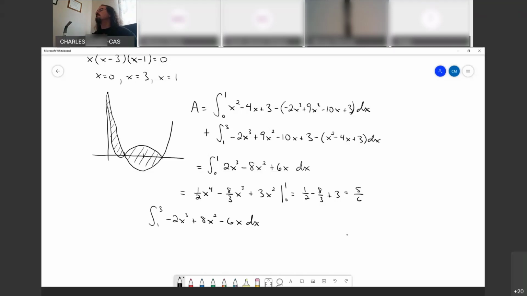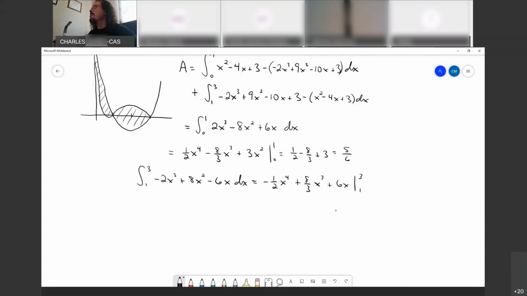We simplify that. And then we'll find the antiderivative, same exact antiderivative, except that the signs are going to be different. So we'll have minus 1/2 x to the fourth plus 8/3 x to the third, and then minus, plus 6x. This time we're going to plug in 1 and 3.